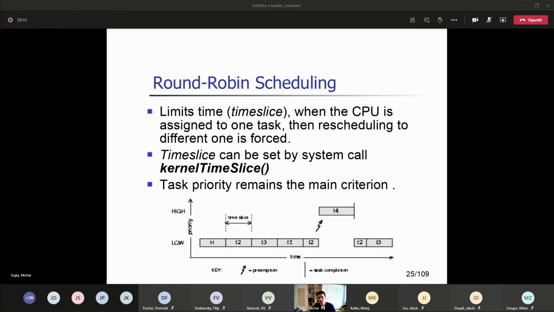Again, the highest priority wins. It's the main rule. But then there is a second rule. If there are multiple tasks with the same priority, those tasks are rotated in a round-robin fashion. One is executed after the other, after a certain time quantum.